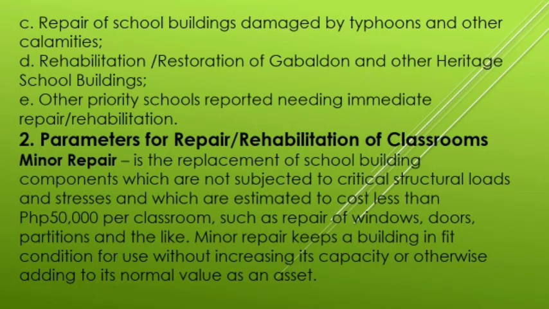So we also have the prioritization, identify na natin kung anong classrooms ang i-repair natin. So we will identify also if ano ba siya, kailangan niya ba ng minor repair, major repair, renovation, or rehabilitation. So that is discussed for the number 2 parameters for repair or rehabilitation of classrooms, minor repair.